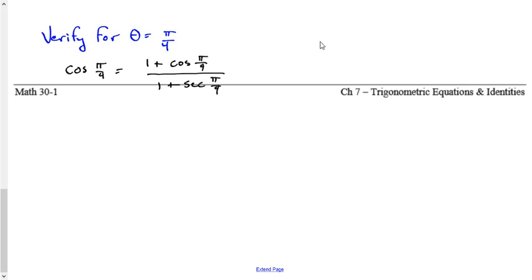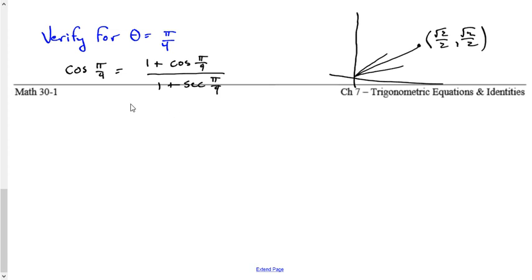Okay, so then let me think unit circle this time. If I look at this diagonal that goes up there, the ordered pair here was root 2 over 2 and root 2 over 2. So cos pi over 4 will be equal to root 2 over 2.